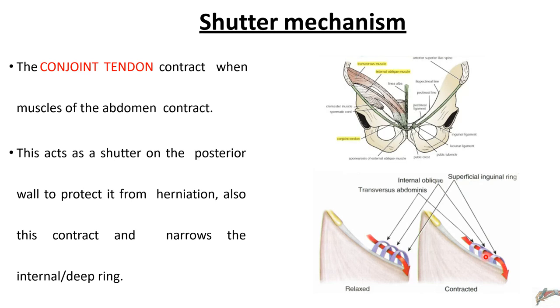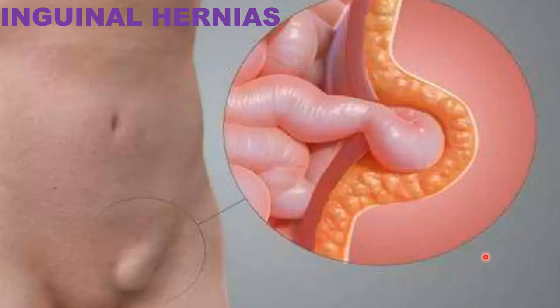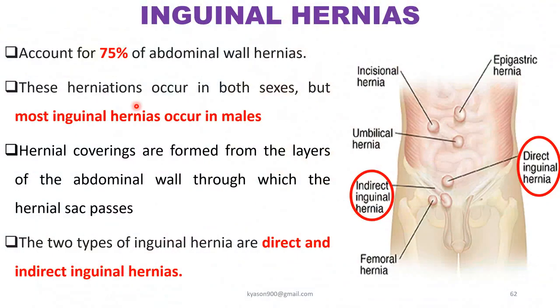inguinal canal. Okay, so let's finalize by talking about these hernias. Hernias that occur in the groin or inguinal regions are simply called inguinal hernias, and they contribute 75% of all abdominal hernias. There are many abdominal hernias.